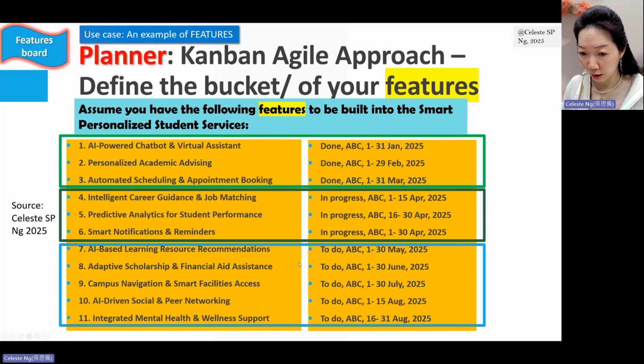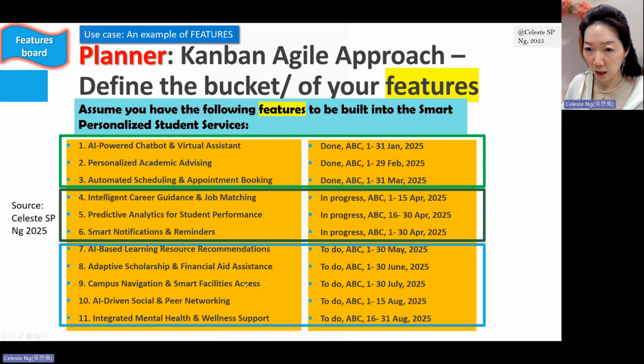And lastly, I have allocated 5 features to be under the bucket named to do. Similarly, I have hypothetically assigned some members to it, ABC, and it has the start date and end date correspondingly.